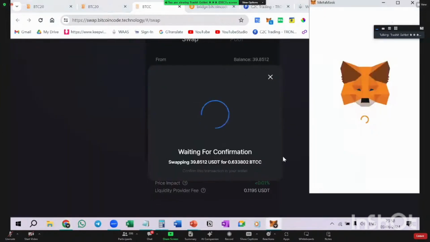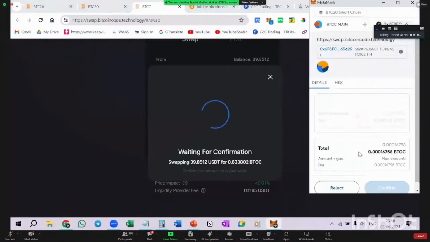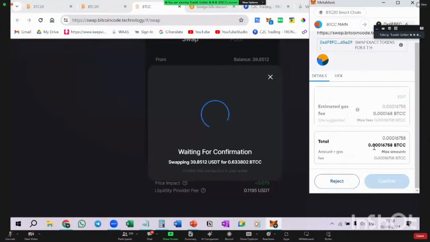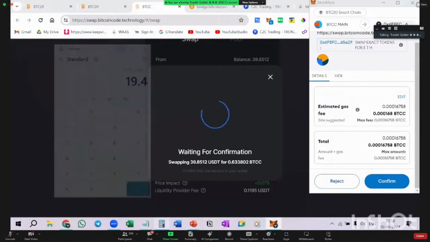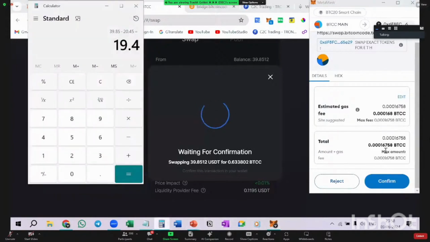So once we confirm this transaction on our blockchain, see the gas fees is 0.0016758, 0.00167. And considering the existing rate, multiplied by 62.87.